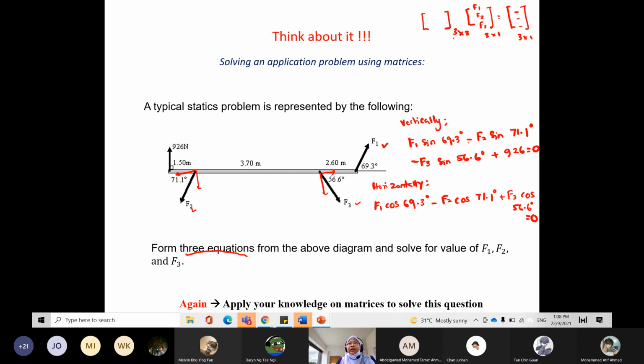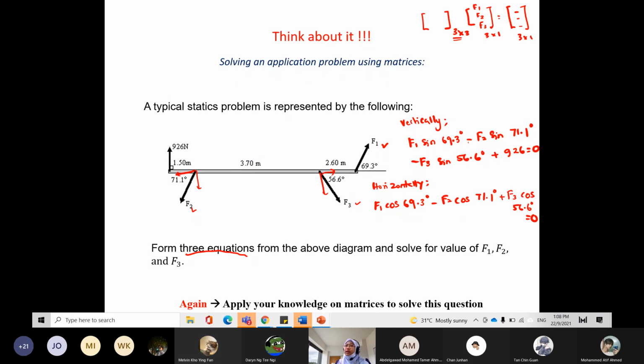Remember, we need three equations in order for us to substitute into this square matrix. Now we only have two equations. Anyone know how to find another equation? We can use torque.